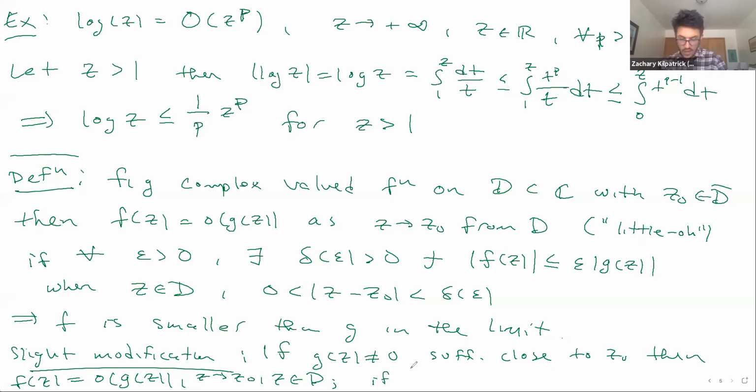If, now I'll write this ratioed limit again, z goes to z0, z lives in D.